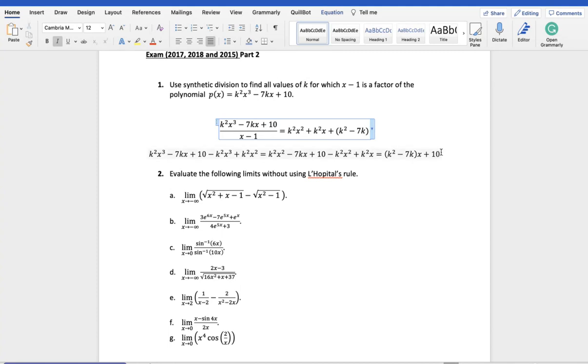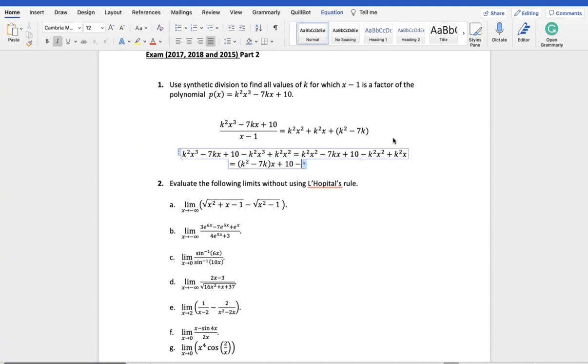When you multiply in, you get k squared minus 7k all multiplied by x, plus k squared minus 7k, and that will give you this.